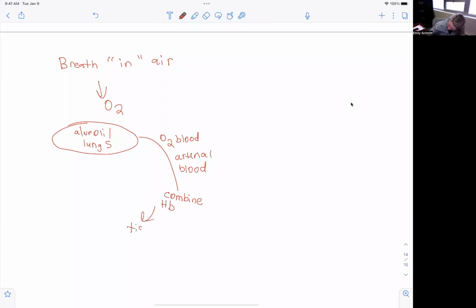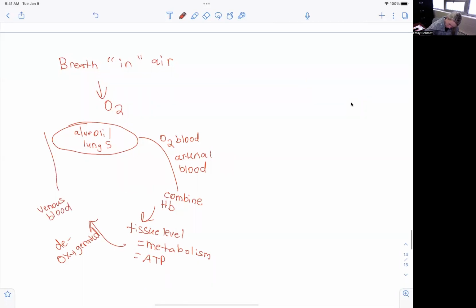And then at the tissue level, this is where we have our metabolism and our generation of ATP. Now our blood is deoxygenated. So this will be our venous blood, where carbon dioxide, excuse me, is then released, and this cycle will start all over again.